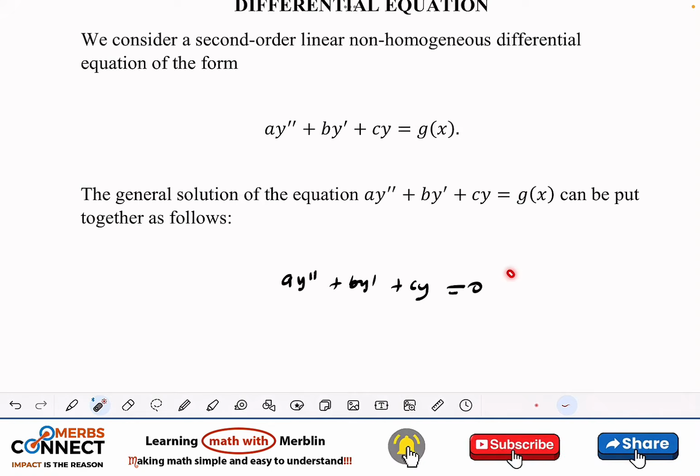Always we are going to solve for the homogeneous aspect before we can think of adding the non-homogeneous aspect to it.